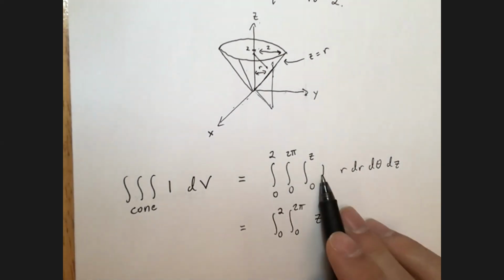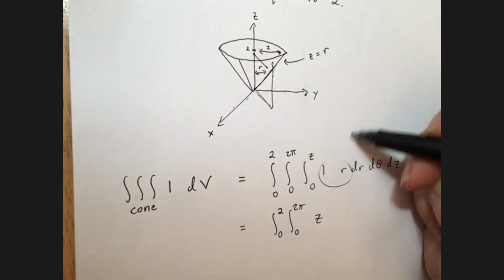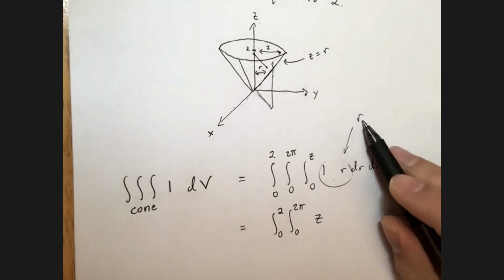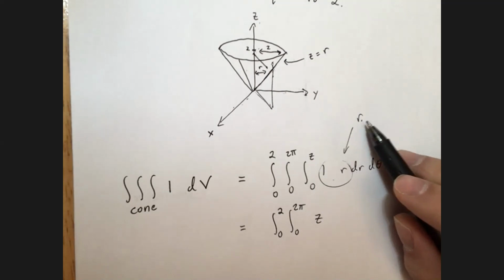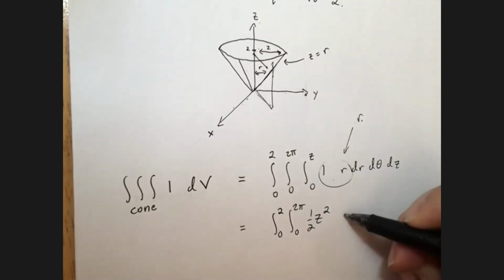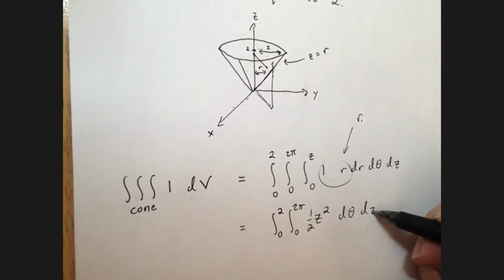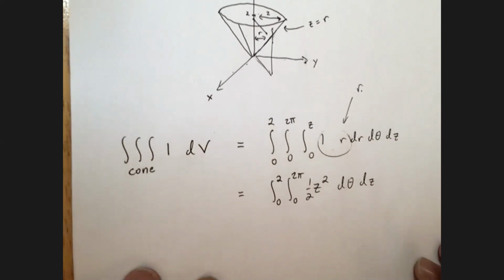It's not 1, it's 1 times r. So the integrand simplifies to r, and the antiderivative is 1/2 r squared. I thought that was going to be too easy. So I evaluate that from 0 to z, I get 1/2 z squared. Almost forgot about that r. It's easy to do that, so be very careful about that.